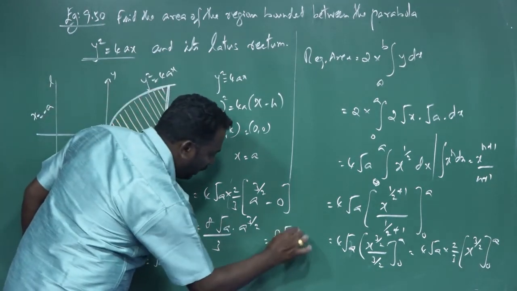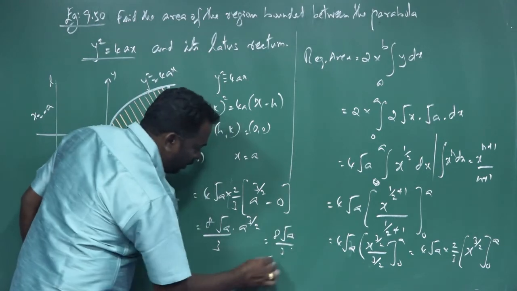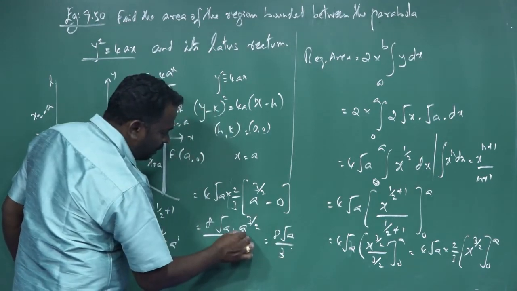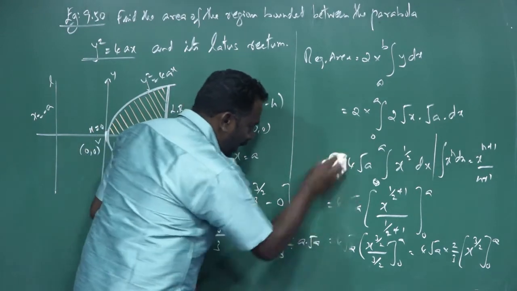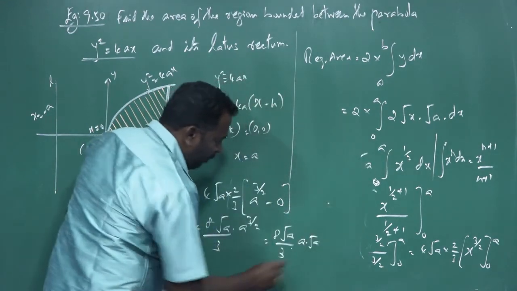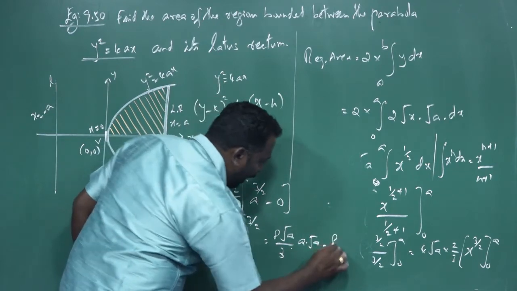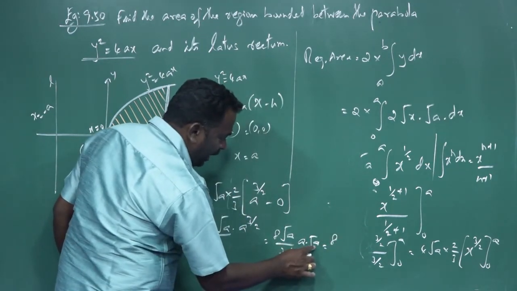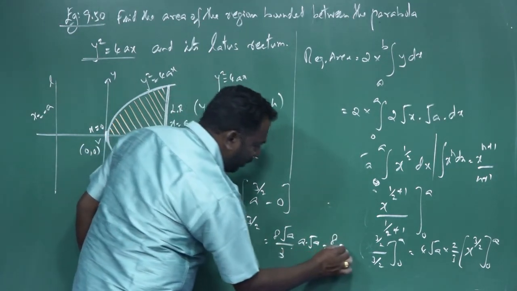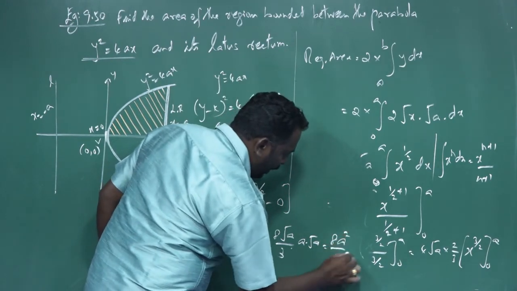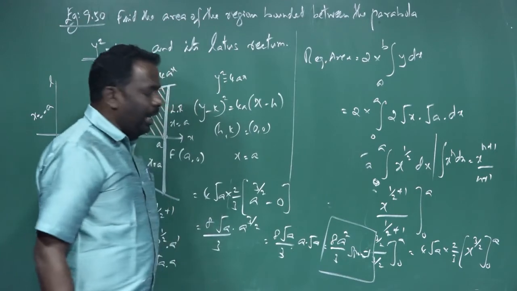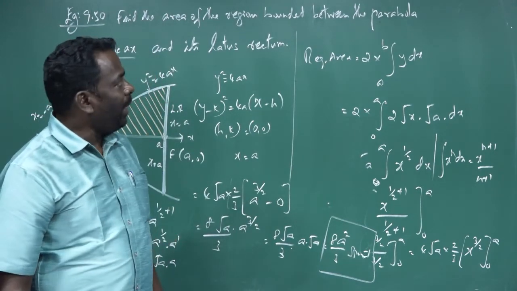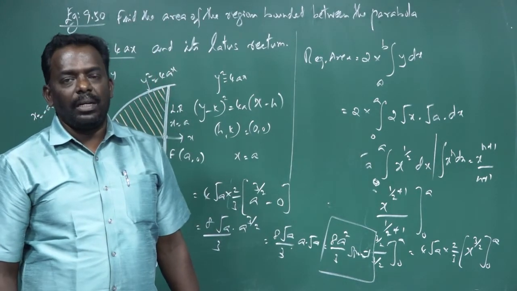Therefore 8 root a by 3, a power 3 by 2 we can write as a into root a. Therefore that is equal to 8 root a into root a into a, that is a square. Therefore 8 a square by 3 square units. Finally this is the area bounded by the given parabola and the latus rectum.